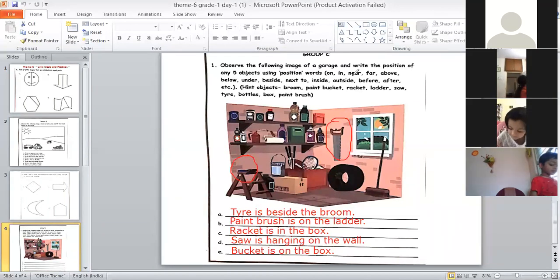Is there any bottle inside another bottle? No, ma'am. Where is the bottle? On the bottle. We will not say bottle in up. We will say bottles are on the shelves.